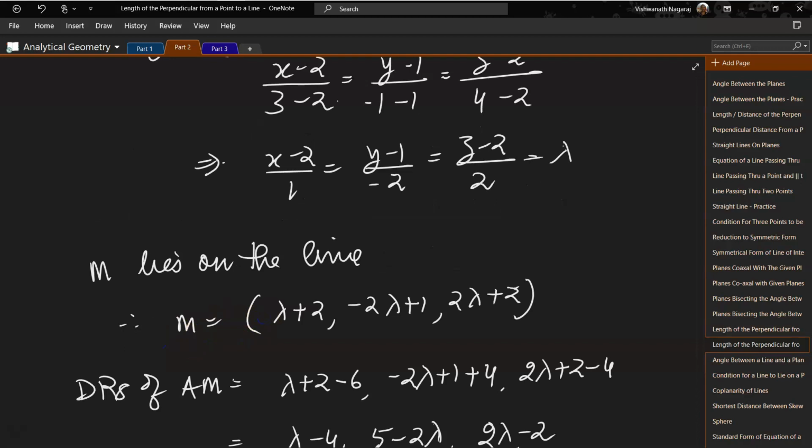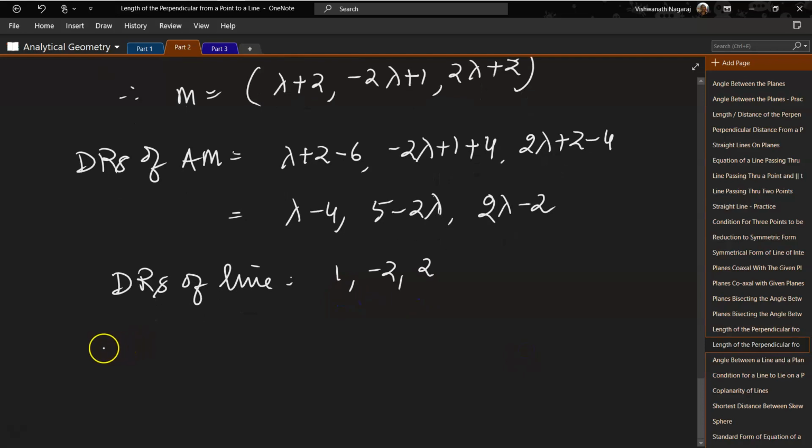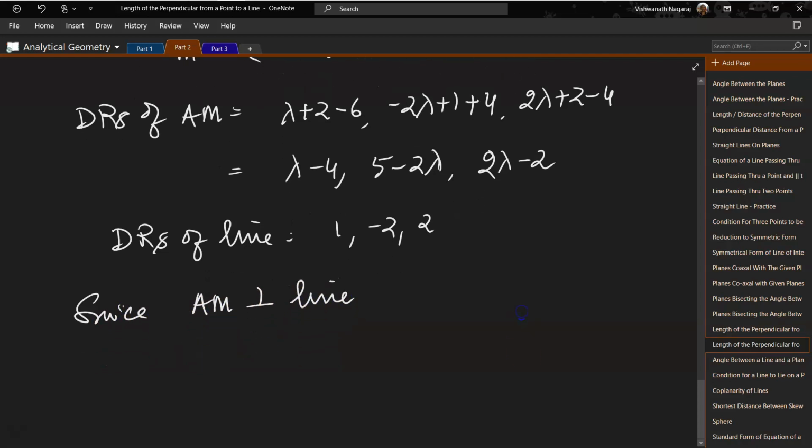By the way, the drs of the line is equal to what? 1, minus 2, 2. And since AM is perpendicular to the line, the sum of the products of the drs is zero.